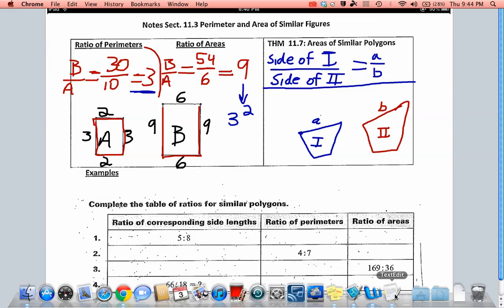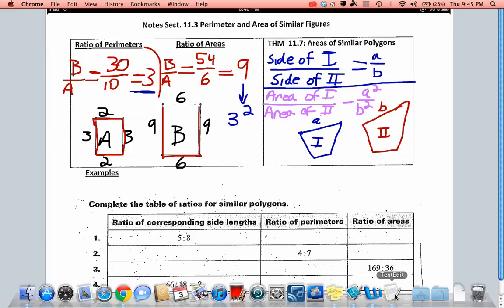Now, the area of 1 over the area of 2, you can probably guess it, is not going to be just a over b. It's going to be a squared over little b squared. Okay? So that's kind of my rule of thumb when I have side lengths and area. We're going to use that to help us finish the chart down here in the next thing on your sheet.